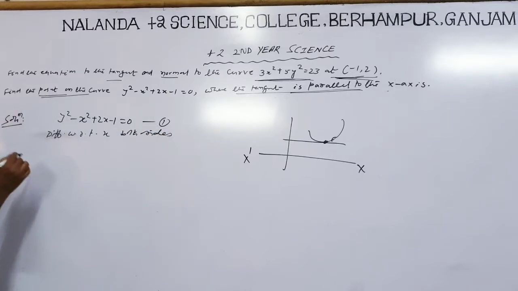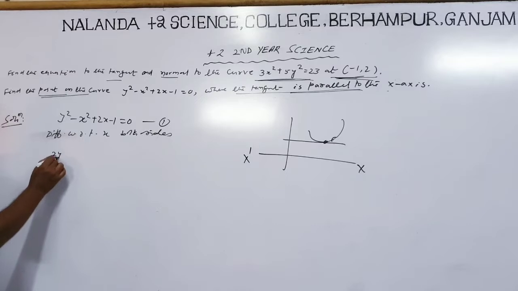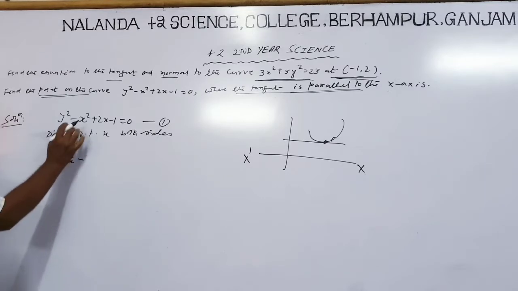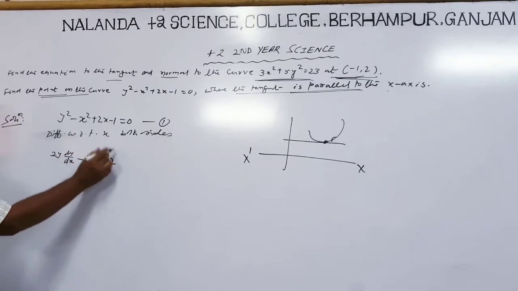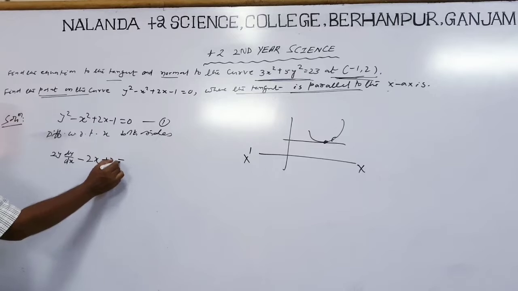The derivative of y square is 2y into dy by dx, the derivative of x square is 2x, the derivative of 2x is 2, and the derivative of a constant is 0, equal to 0.